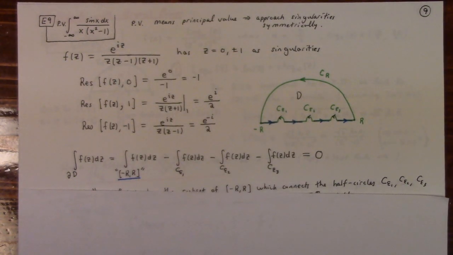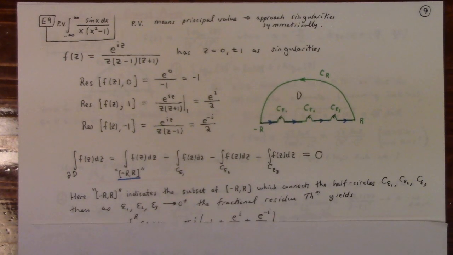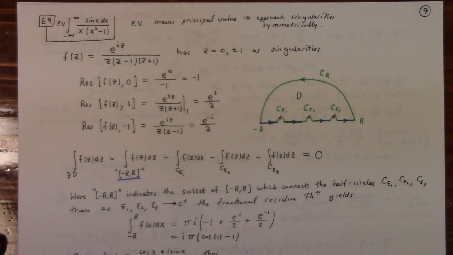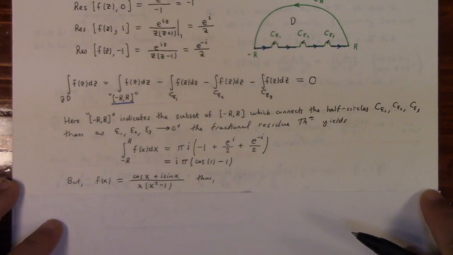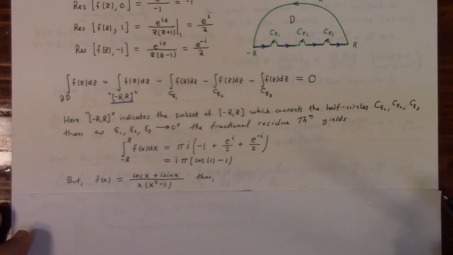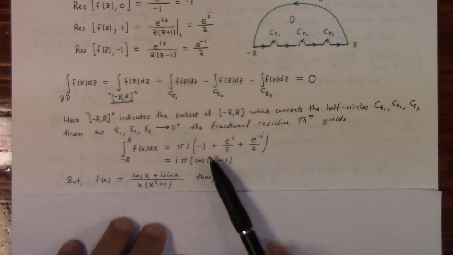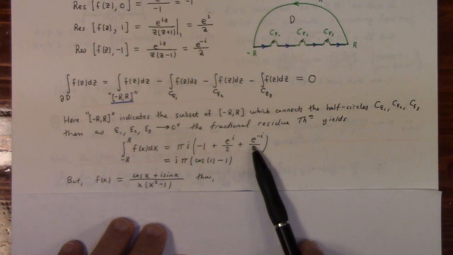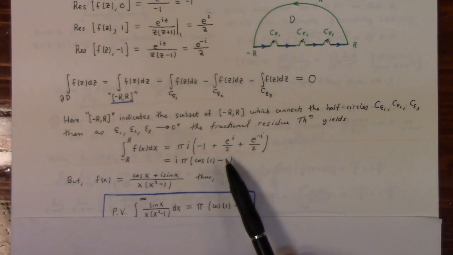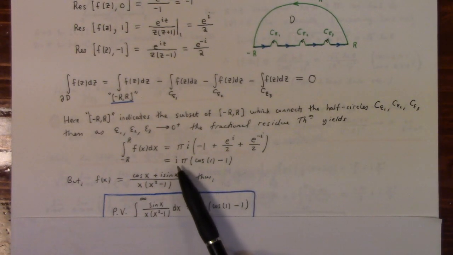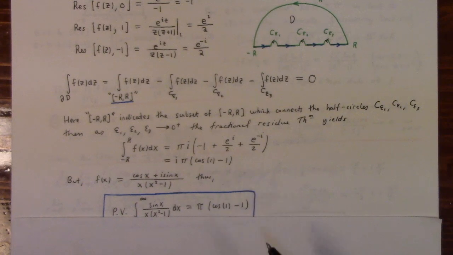So in the limit of the indentations shrinking to points, we get, by the fractional residue theorem, in each case here the fractional residue is a whole half circle, right? So we get, instead of 2 pi i, we get pi i, and then minus 1 plus this, which, after a moment's reminder of what cosine is, is i pi times cosine of 1 minus 1.